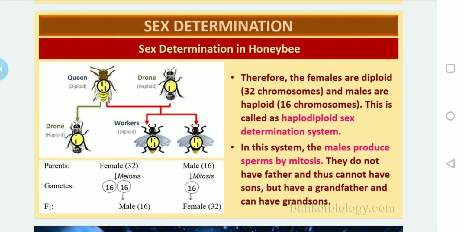Okay, so this is how. If you take an example, consider, as I said, the parents: females with 32 chromosomes. If they undergo meiosis, then the 32 will become 16 and 16.